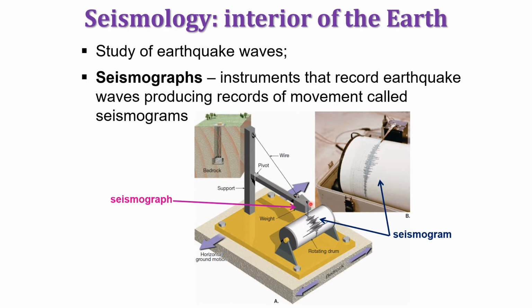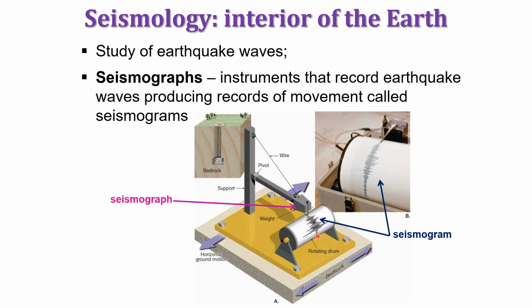itong weight na ito, and then you have here yung panulat, and as the ground is making uga, magpa-plot siya ng waves here in this rotating drum. So it's a very simple instrument, but it can give us a lot of information about earthquakes, about the interior of the earth.